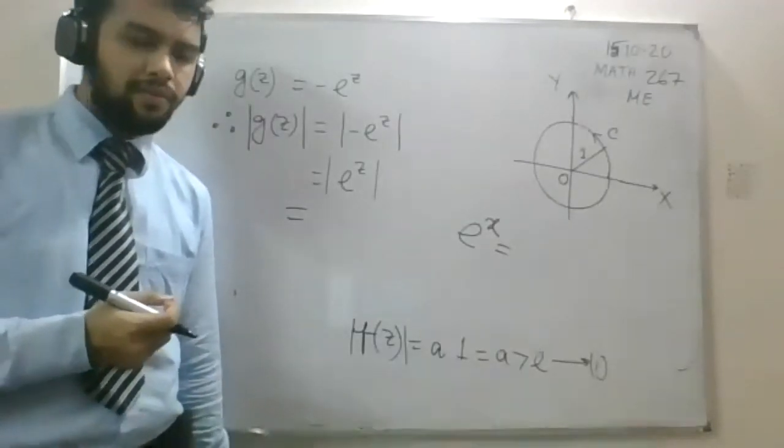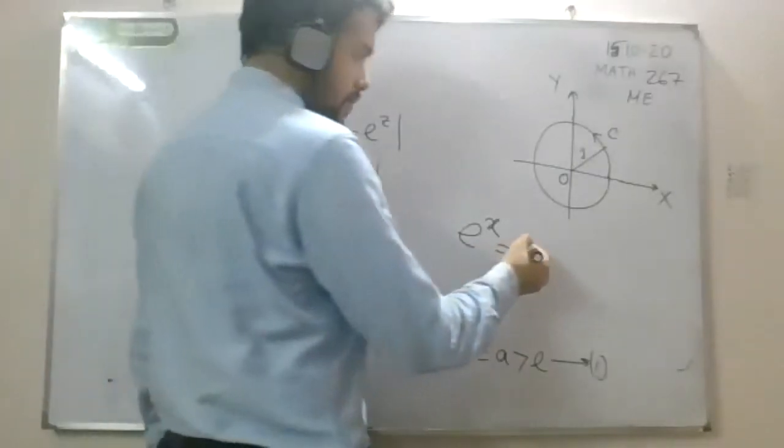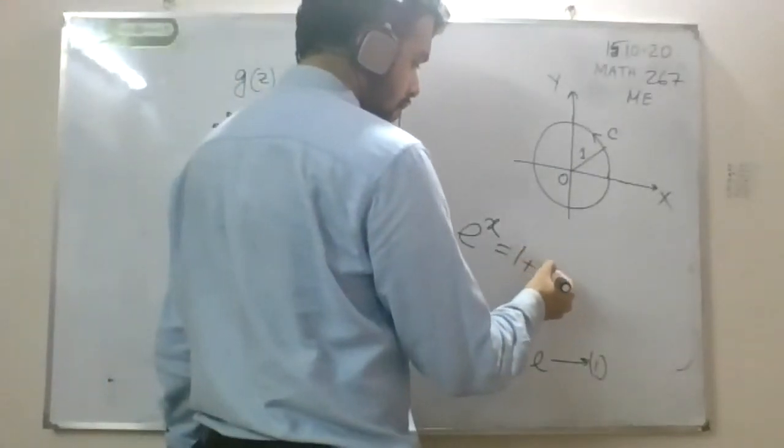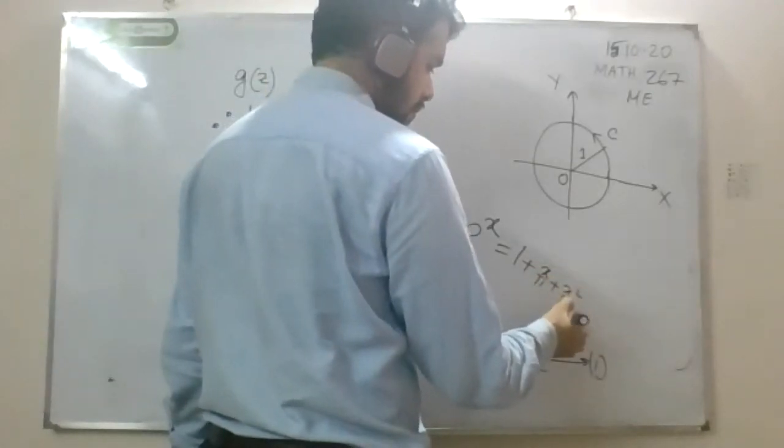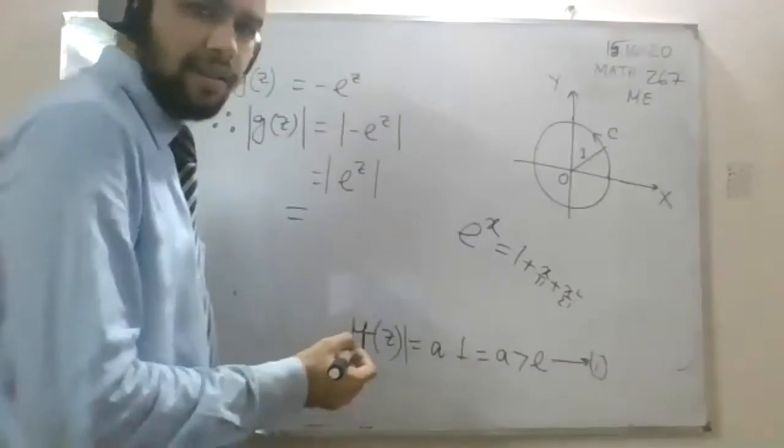Sir, 1 plus x by 1 factorial plus x square by 2 factorial. Is this okay?